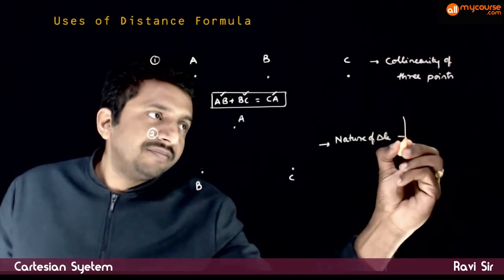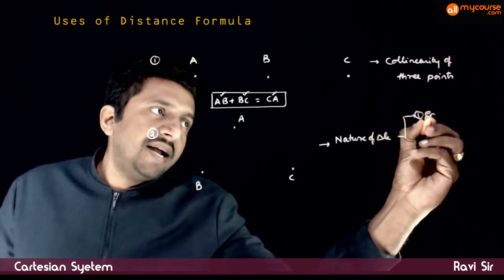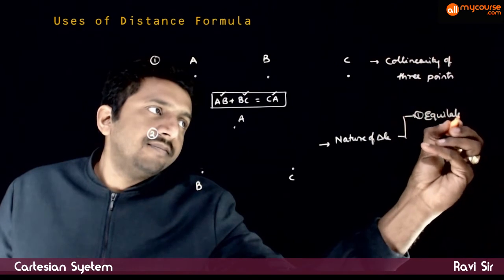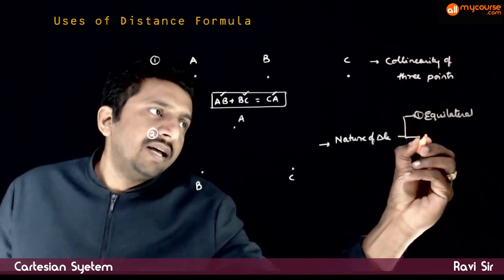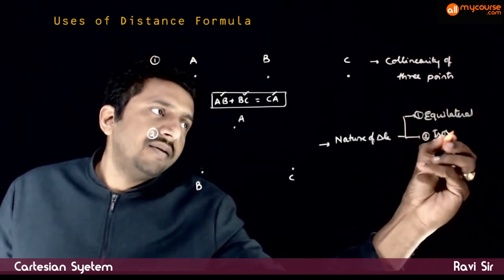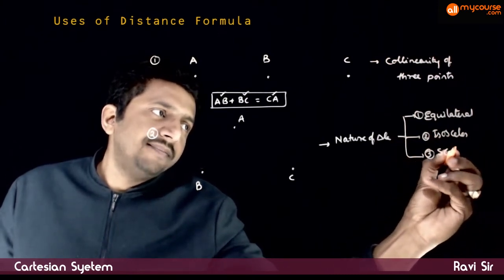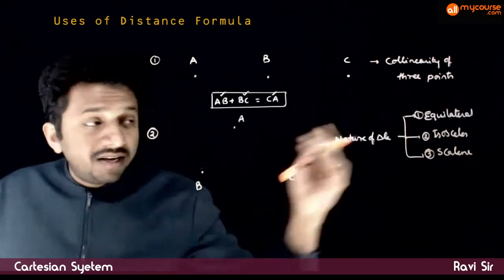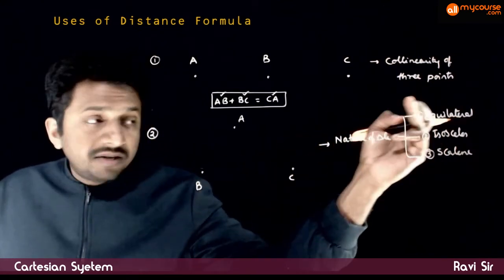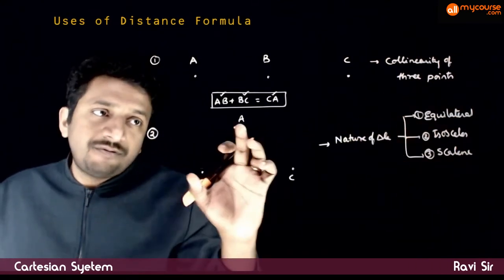For example, is it an equilateral triangle? Is it an isosceles triangle? Is it a scalene triangle? You can determine this just by finding the distances.